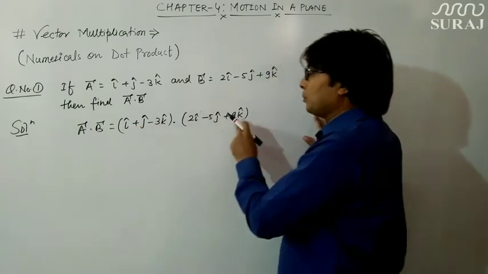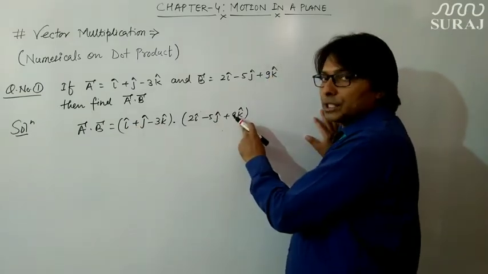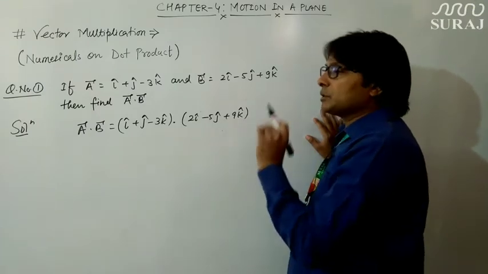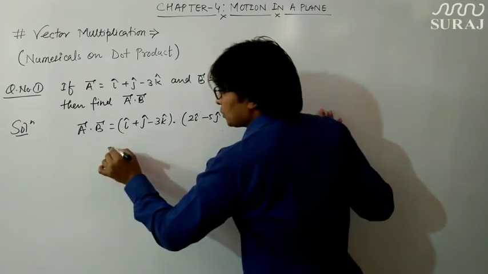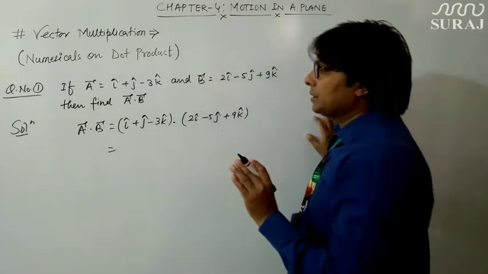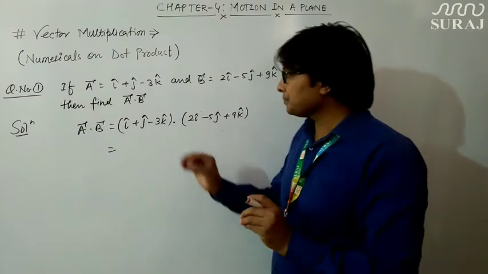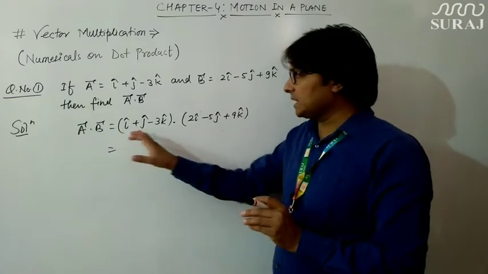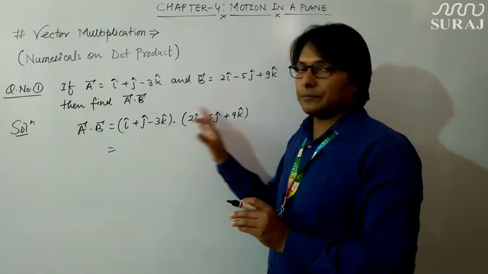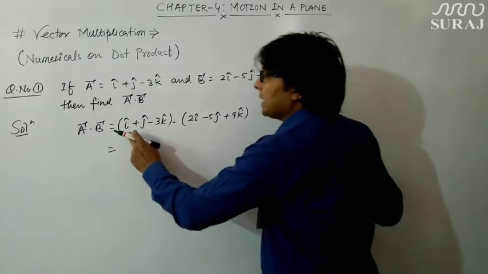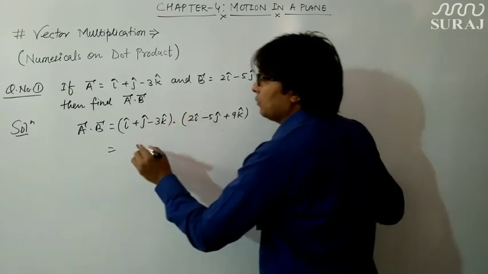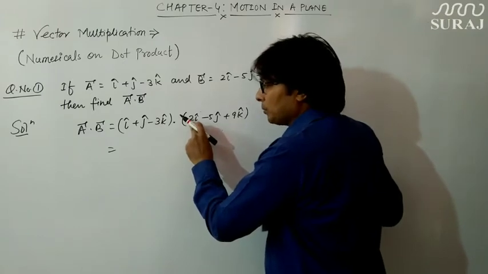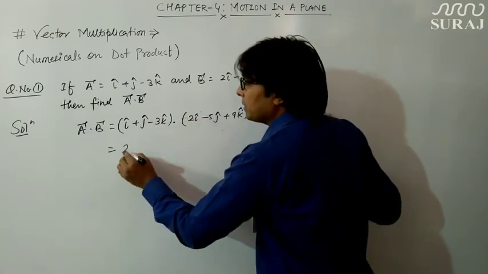I cap dot product with k cap will also give 0, because the angle between i cap and j cap is 90, i cap and k cap is also 90. Okay, so you need to multiply the i cap with i cap, j cap with j cap and k cap with k cap. So i cap with 2i cap will give i cap dot i cap 1, and this 2 is a magnitude, so it will be written here.